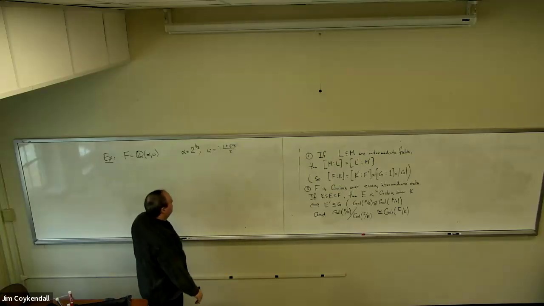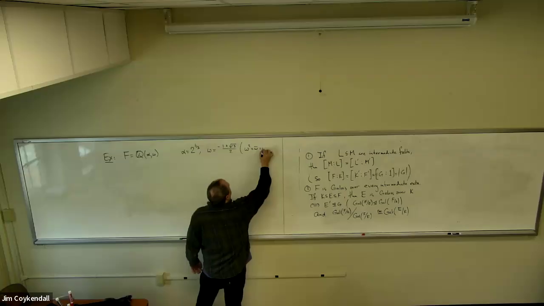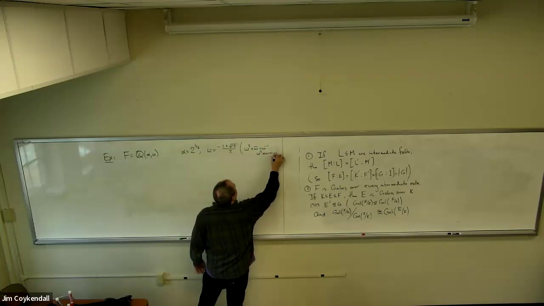So recall that omega squared equals omega bar, which is omega inverse, and omega squared plus omega plus 1 equals 0.